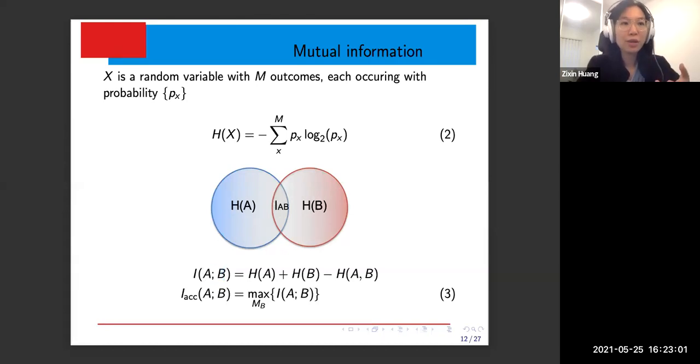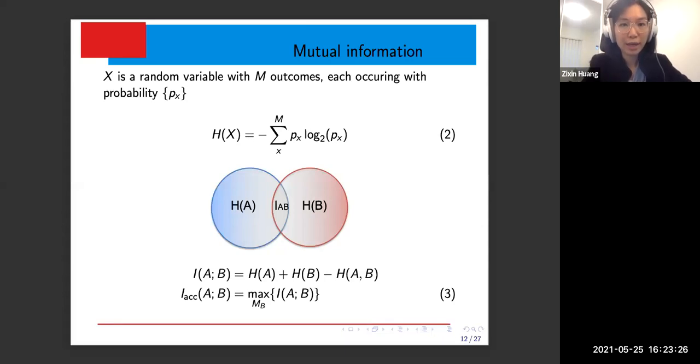So the mutual information describes the degree of correlation between these 2 random variables. If A and B are 2 communicating parties, you want the mutual information to be big. And if one of them is an eavesdropper, then you want this quantity to be small.